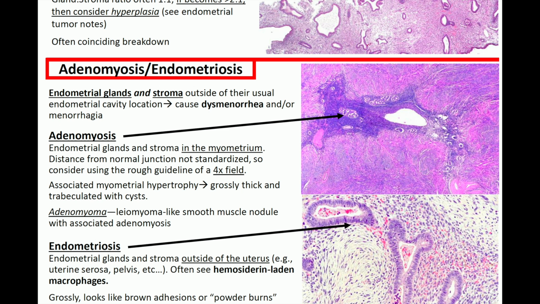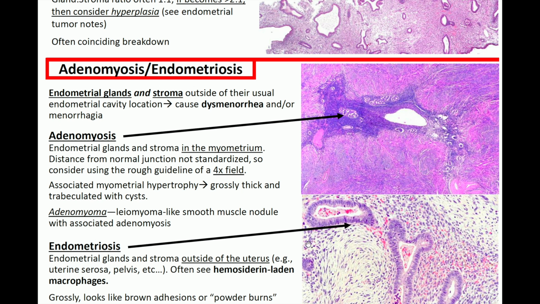You can have associated myometrial hypertrophy with grossly thick and trabeculated cysts. And you can also have an adenomyoma, which is when you have a leiomyoma-like smooth muscle nodule with associated adenomyosis.